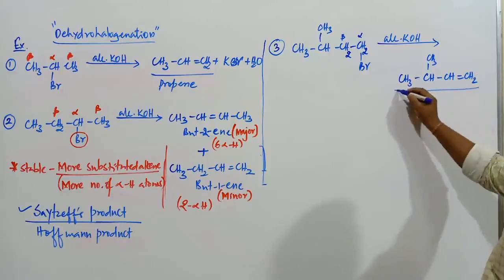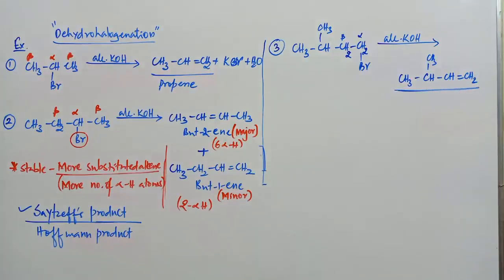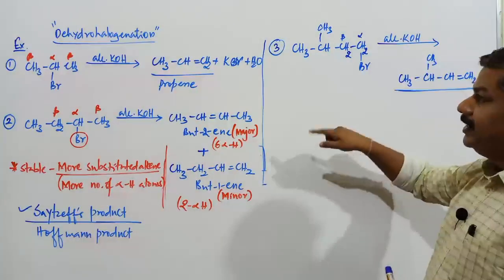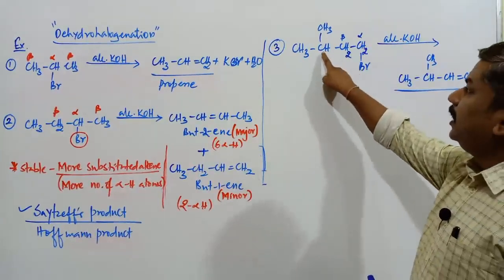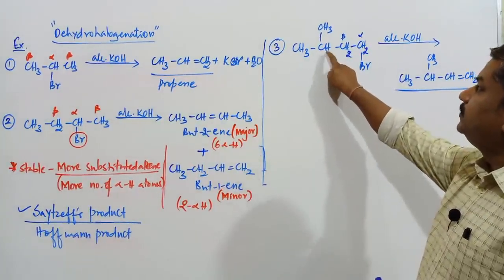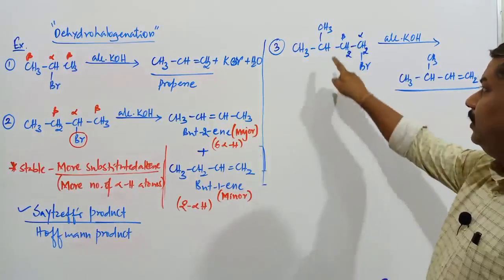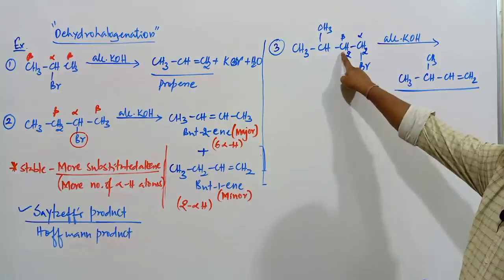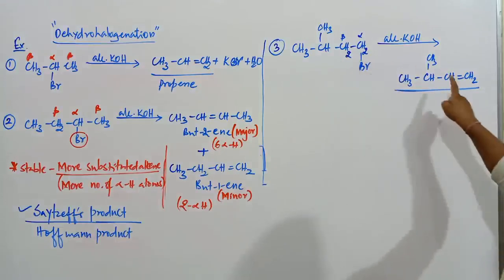This is the only alkene possible in this case. Because in elimination, especially beta elimination, removal of hydrogen atom does not take place from this particular carbon atom. Hydrogen is removed only from this carbon atom, and from the other carbon atom the halogen is eliminated.